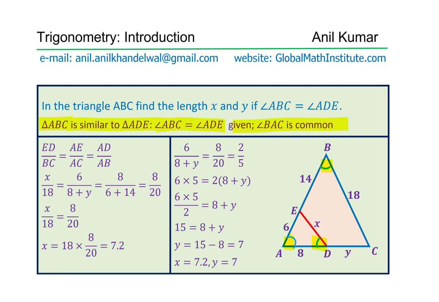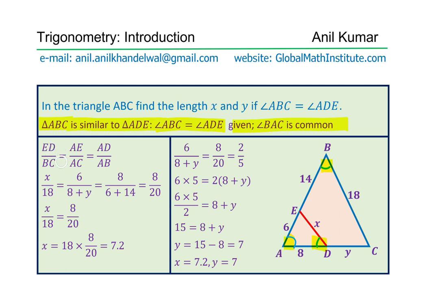Since the two triangles are similar, we can write the proportionate sides and then calculate the unknowns. See how do we write the proportionate sides? ED is opposite to the common angle A in the smaller triangle. In the bigger triangle, it is BC whose value is 18.